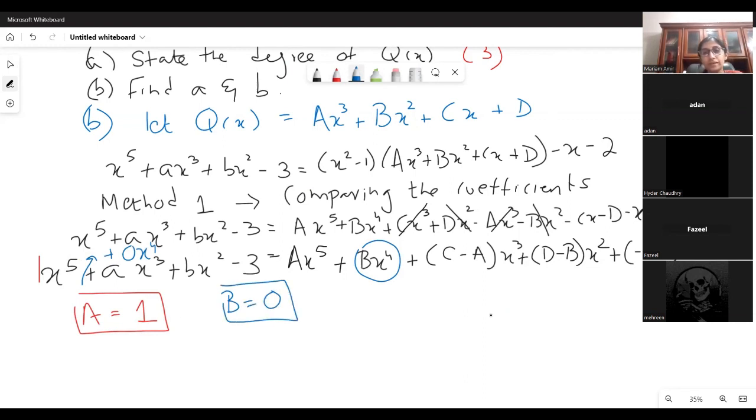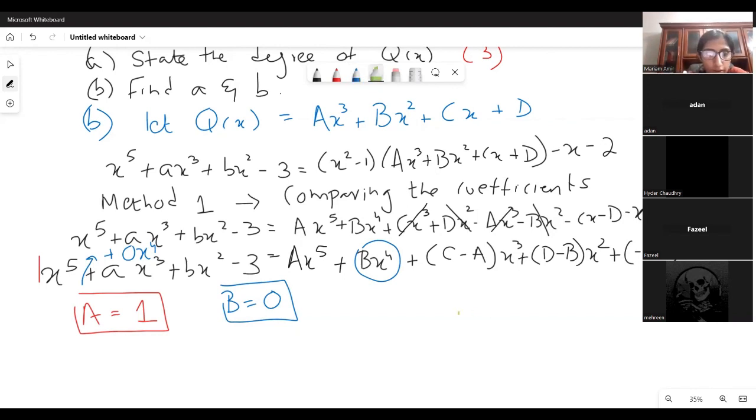What is capital C equal to then? Small a. Yes.